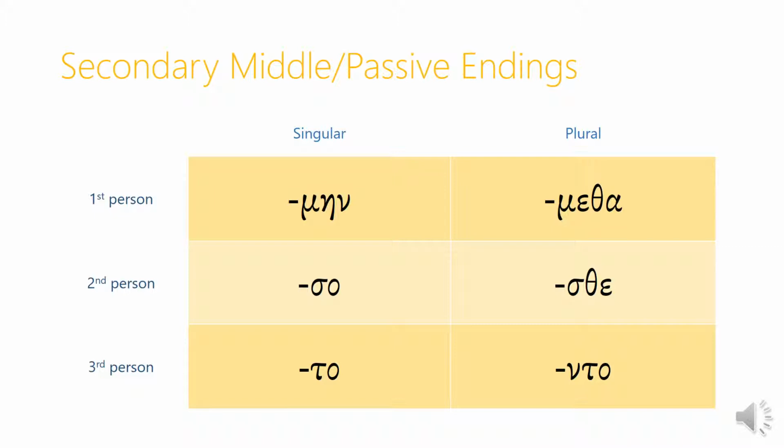And as with the primary middle passive endings, the sa of the second person singular often transforms quite a bit because the sigma drops out often between the two vowels, the vowel at the end of the stem and the omicron following.